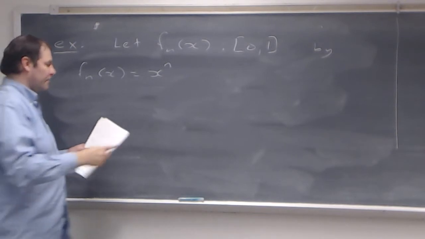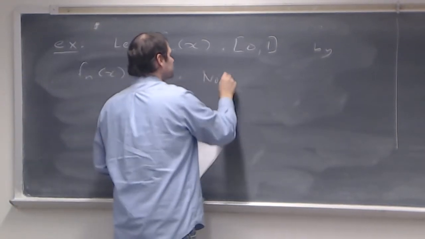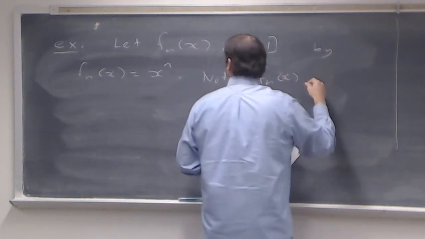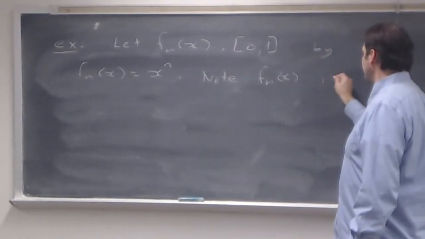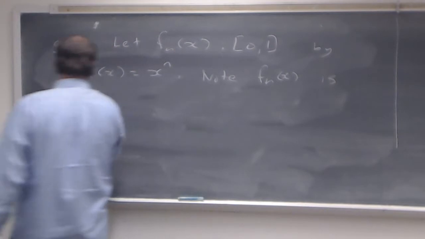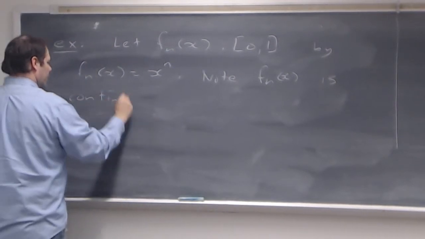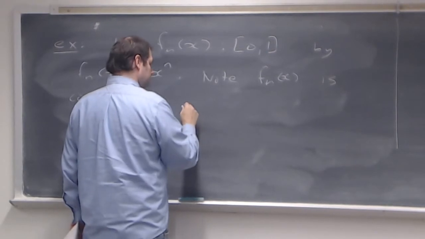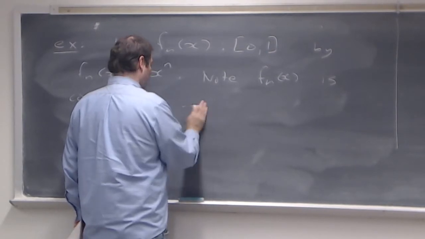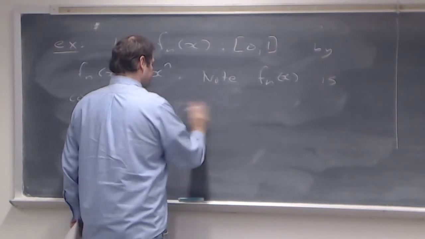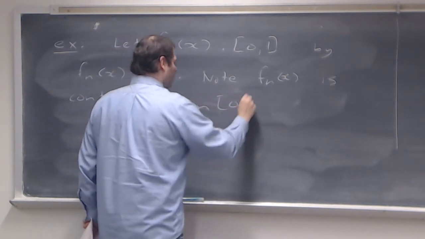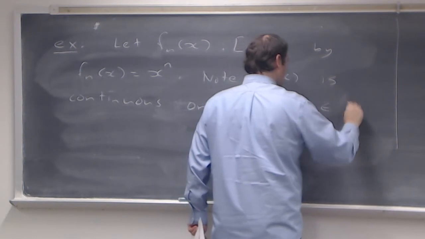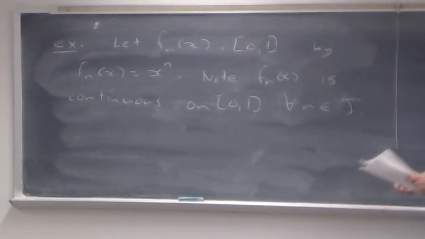Now note, f sub n of x, which is equal to x to the n, is continuous on 0 to 1 for every n an element of the natural numbers.